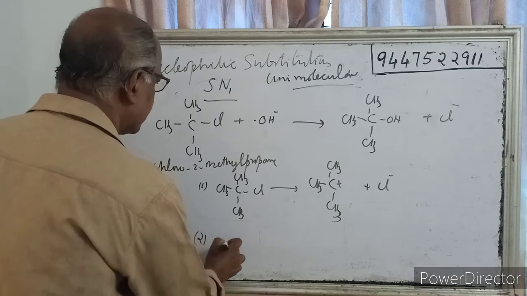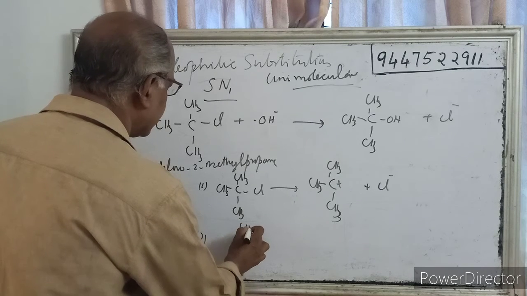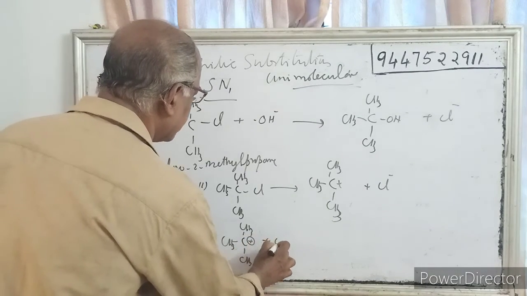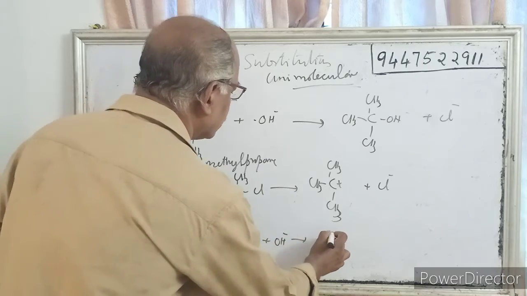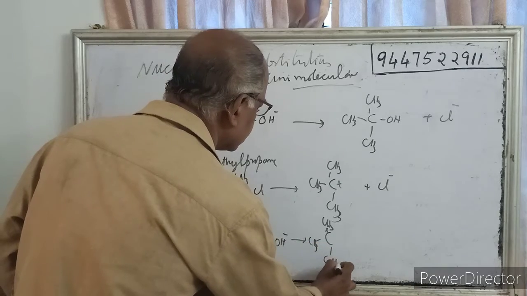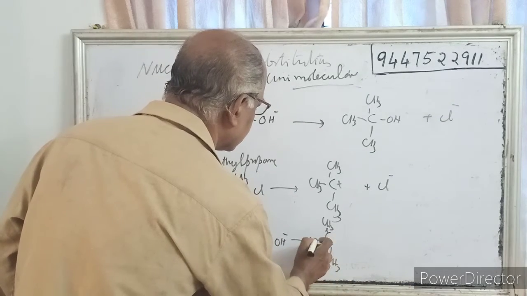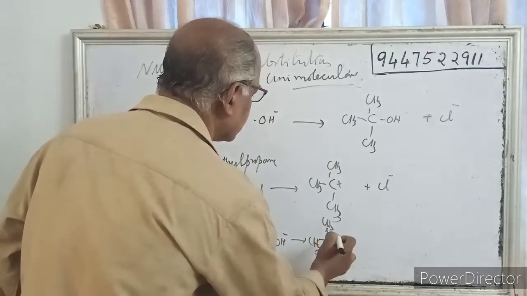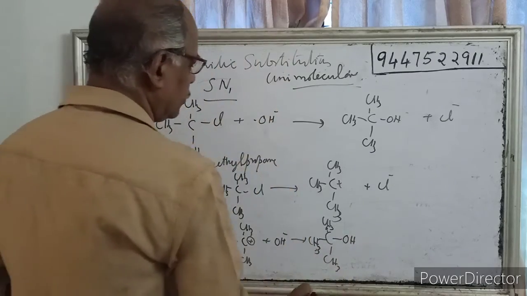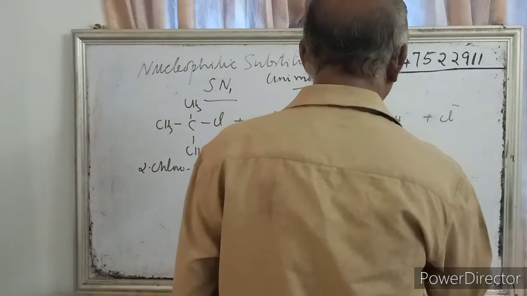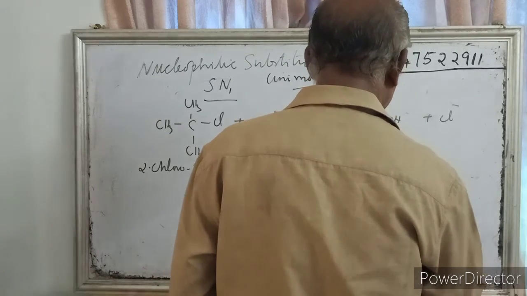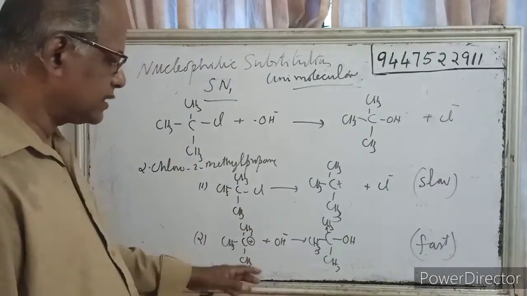In the second step, the tertiary carbocation is attacked by the OH nucleophile to give the corresponding alcohol, (CH3)3C-OH. The first step is the slow step and the second is the fast step.